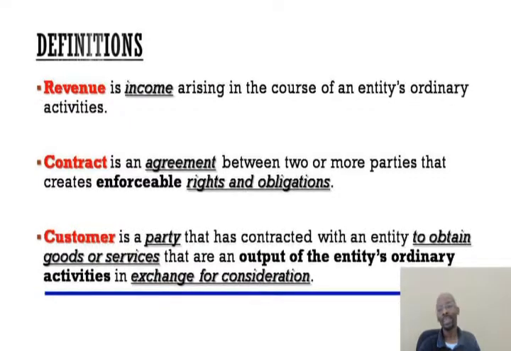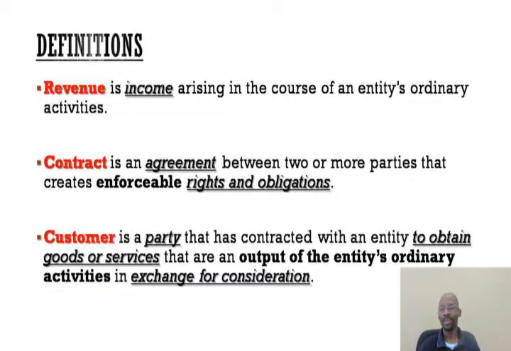Customer is a party that has contracted with an entity to obtain goods and services. The customer will be receiving goods and services, and then these goods are an output of the entity's ordinary activities. In exchange, the customer has to pay the consideration. For now, we'll focus on 3 definitions: the one for revenue, the one for contract, and the one for customer. And then let's move on to step 1.